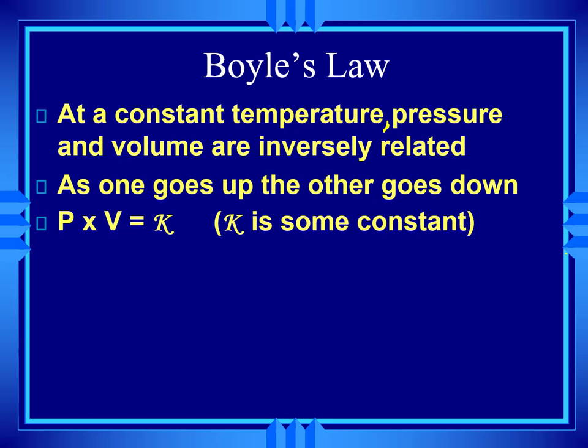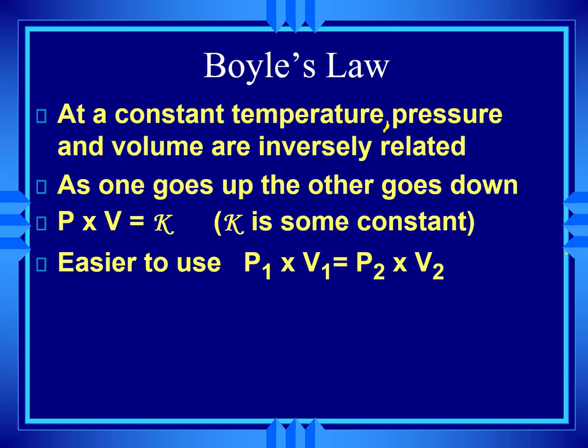Okay? If you got a different number of molecules, you're going to get a different K. If you've got a different temperature, you get a different K. Okay? So it's constant for that temperature and that number of moles. And are you going to be able to control all those things real well? No. So why bother to write this?